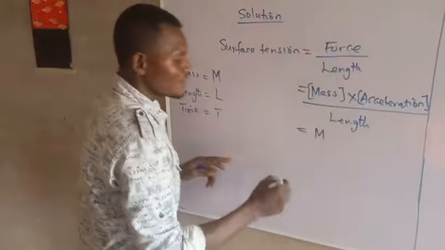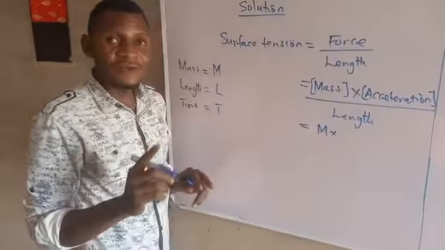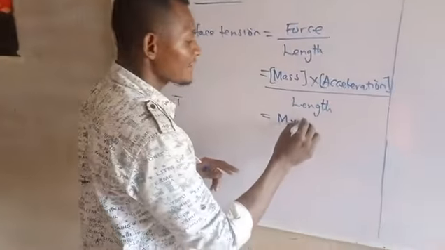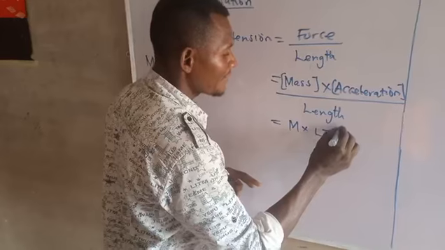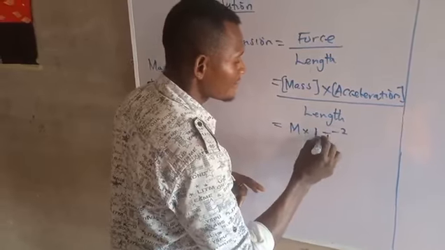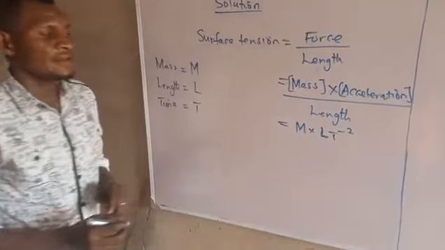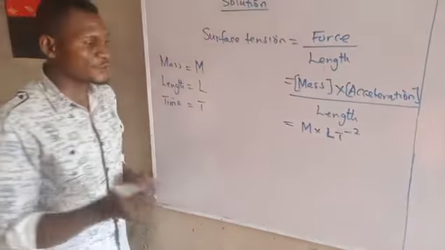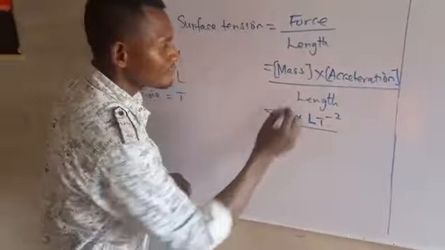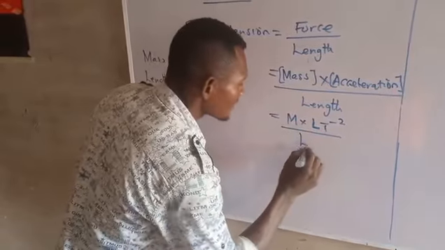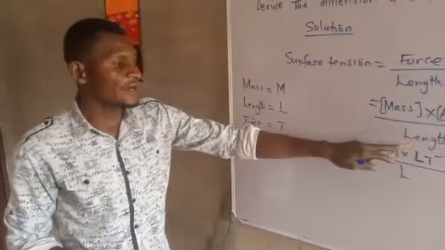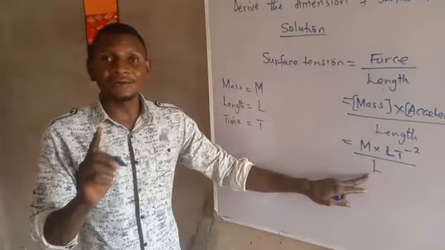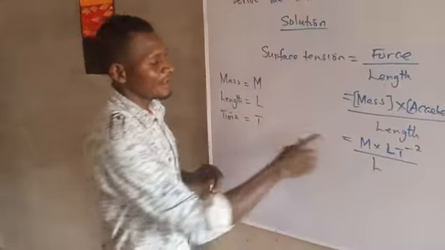And then acceleration, the dimension of acceleration is length per time squared. That is length times T raised to power minus 2 over the length, because length is already here and we are using capital letter L to represent length.